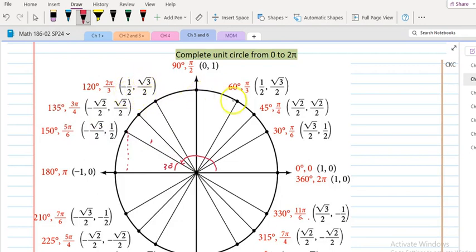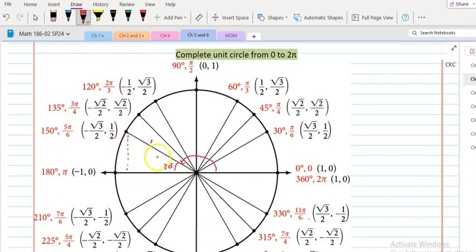So in the first quadrant, we have from 30 degrees, which is also pi over 6, these angles, which give cosine and sine of 45, cosine and sine of 60, and this would be cosine and sine of 150 or 5 pi over 6, cosine and sine of 3 pi over 4, cosine and sine of 2 pi over 3.